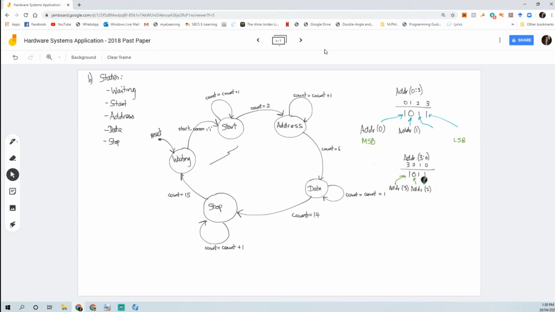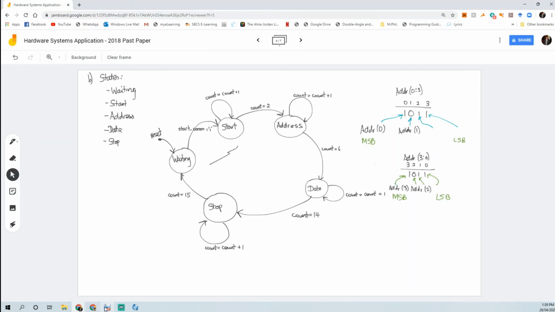Address 1 will be here. Address 0 will be here. However, this is still my most significant bit. This is still my least significant bit. In other words, address 3 in the second scheme will yield the most significant bit, whereas address 3 in the first scheme will yield my least significant bit.